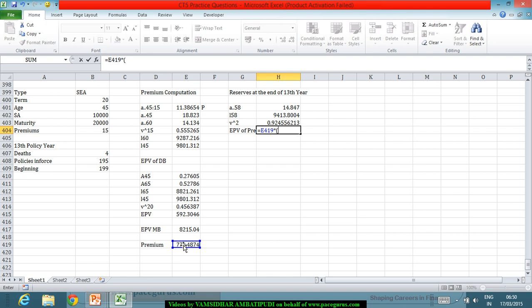This number times ä58 minus V squared times 2p58, which is L60 divided by L58, multiplied by ä60. So the expected present value of the premiums is going to be this much.